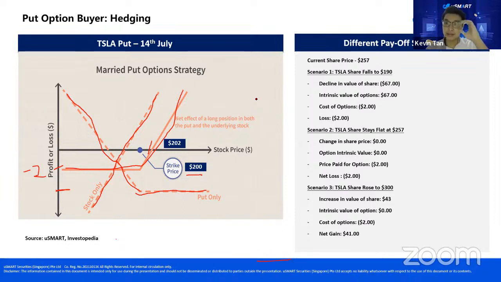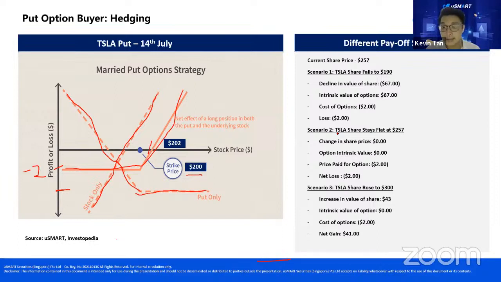And the last scenario is what exactly happens if Tesla shares rose to $300, right? If Tesla share rose to $300, you actually make a gain of $43 in your shares. But your option value will actually be $0 because, while you have the right to sell Tesla at $200, you will not do that since the current market price is $300.